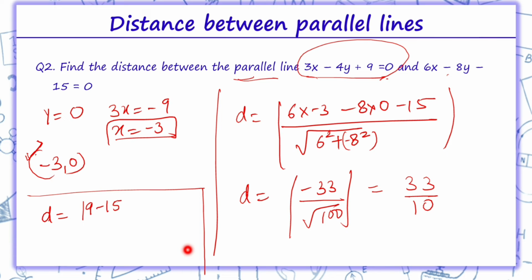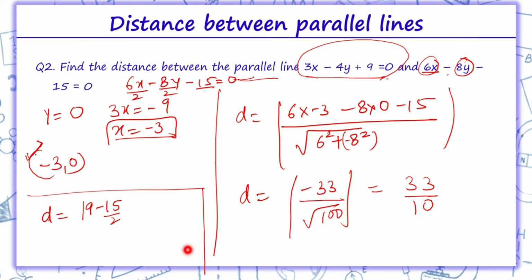Here we'll convert the second equation, 6x minus 8y minus 15 equals 0, into the same form as the first.